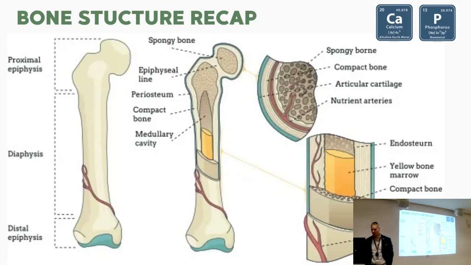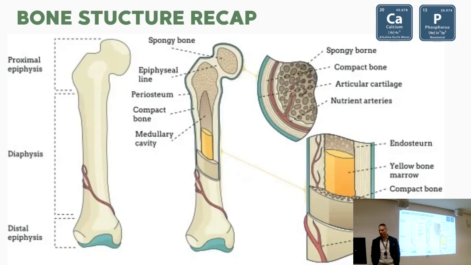That's the tough stuff. As I said, bones are not just solid structures. You can see here we've got the spongy bone, which is pitted. It's got gaps in it that allow us to have blood vessels running through them so we can supply nutrients to the bone so that cells can travel through the bone as well.